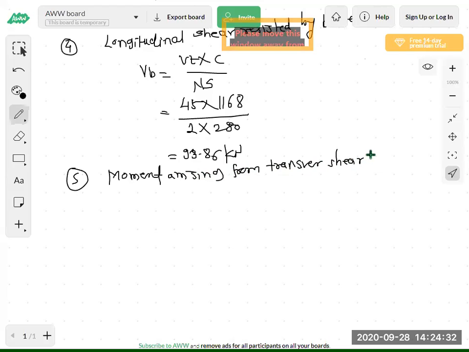Movement arising from transverse shear. So we have denoted movement as M. So M is equal to Vt into C divided by 2N. Okay, so again Vt here. So Vt is the 45 into C.